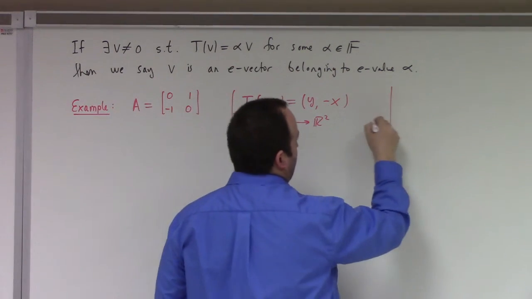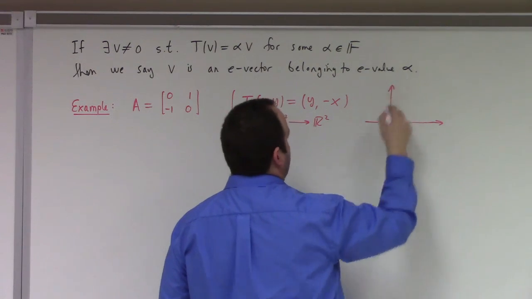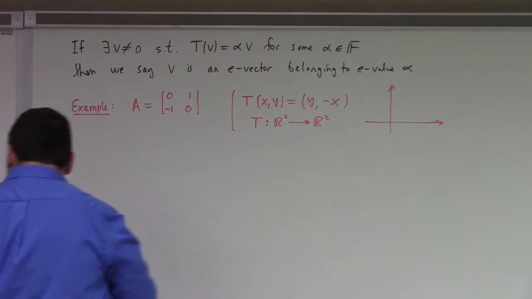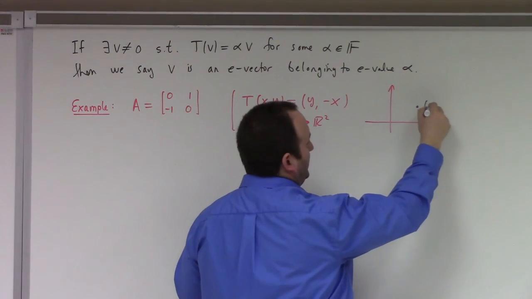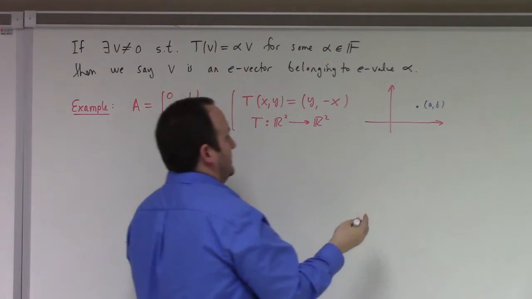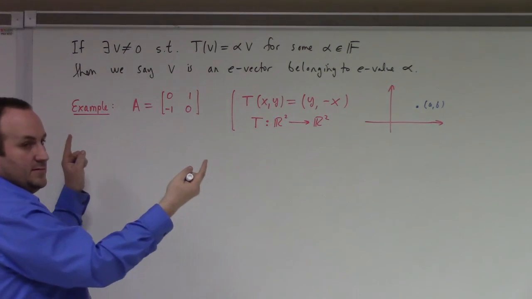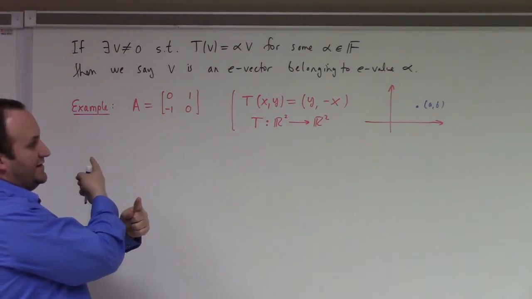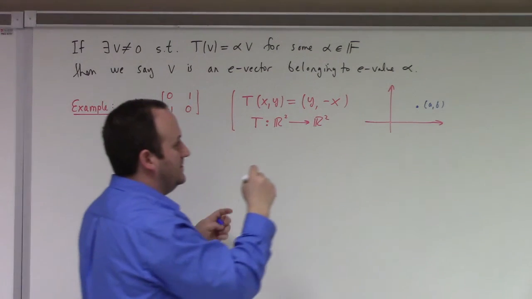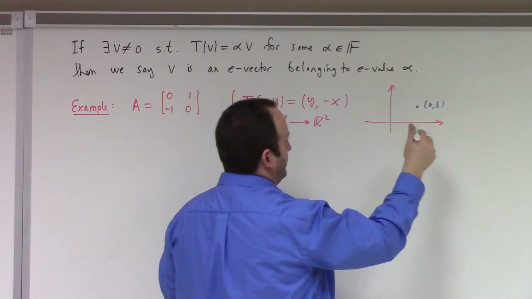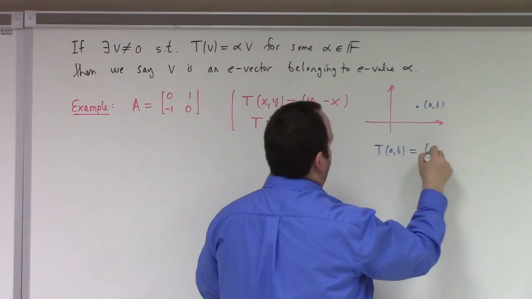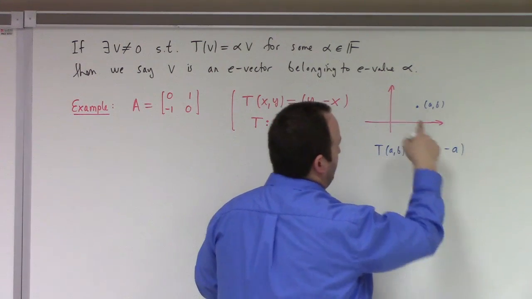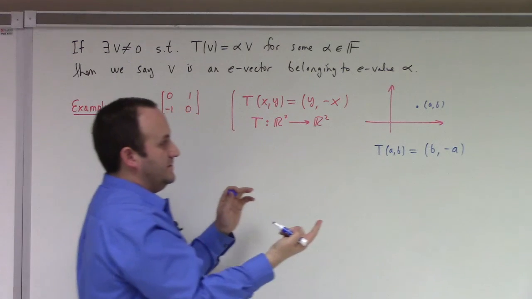If you want me to tell you what this is geometrically, what this thing does is it takes in a point. You feed it a point like (a, b), what does it do? It takes a, b, flips them and puts a minus on the x. What does that mean? Let's see, for that point, where would that be geometrically?